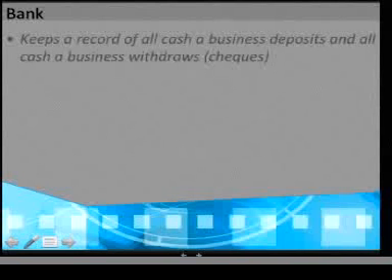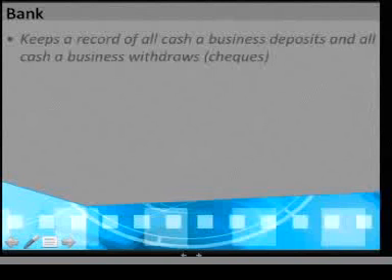Now, at the same time, because this cash is being deposited when cash is received into the bank and withdrawn when cash is paid from the bank, the bank is also going to be keeping a record of this movement.